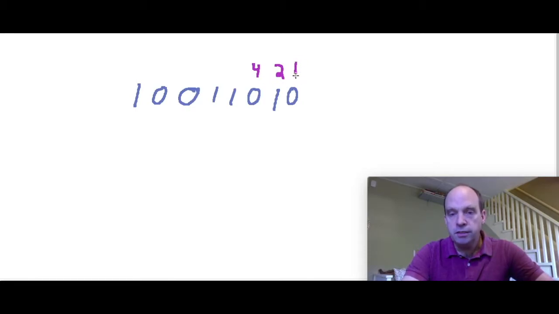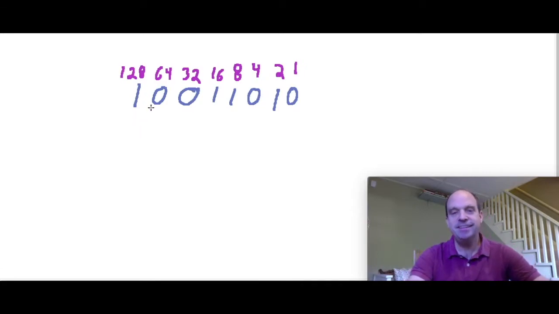So this is 2 to the 0 power, 2 to the first power, 2 squared, 2 to the third power, 2 to the fourth power, 2 to the fifth power, 2 to the sixth power, and 2 to the seventh power. So we call this the 128th place.